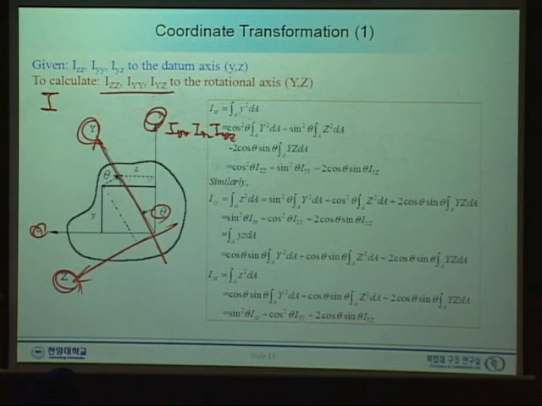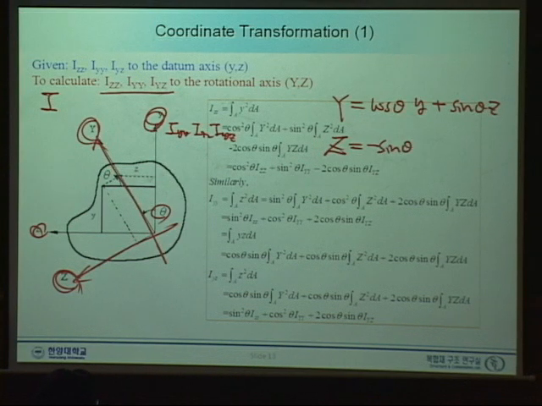Well, we just use the definitions: y equals cosine theta y plus sine theta z, and z equals minus sine theta y plus cosine theta z.